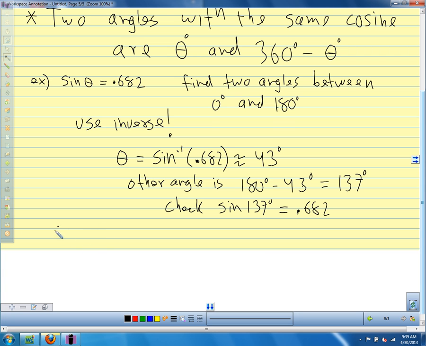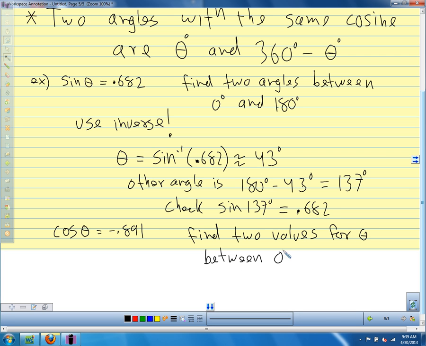All right, let's look at the cosine. So we have the cosine of our angle is negative 0.891. The problem will ask you to find two values for theta between 0 and 360 degrees.